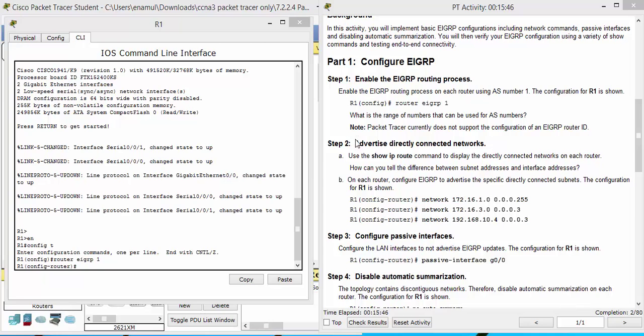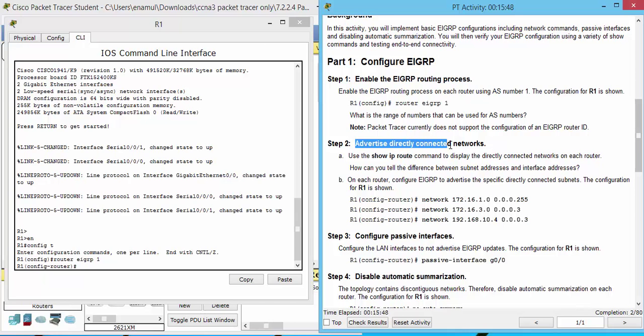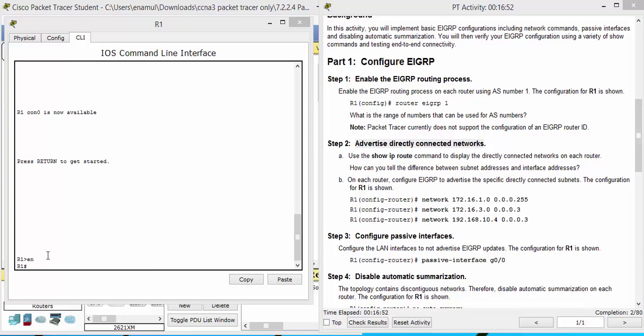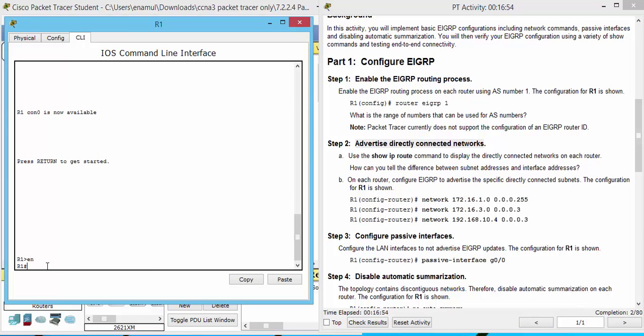Now, advertise directly connected networks. We use the show ip route command to display directly connected networks on each router. How can you tell the difference between a subnet address and an interface address? We use the show ip route command.